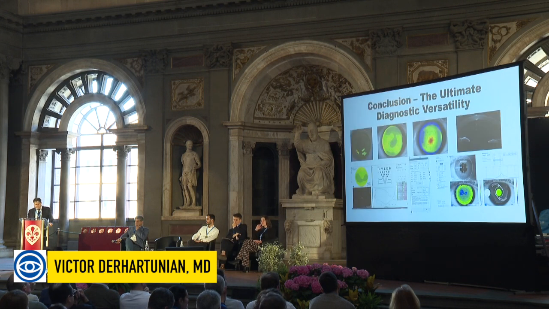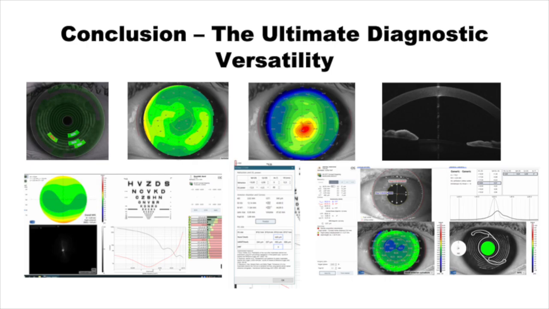So a much more precise solution. The MS39 also has some other features, as we know. We can measure the dryness of the eye, which is also crucial in calculating the lens. We can verify the thickness of the epithelium, so we can look if there are any epithelial regressions. We also see the tangential or the axial maps.